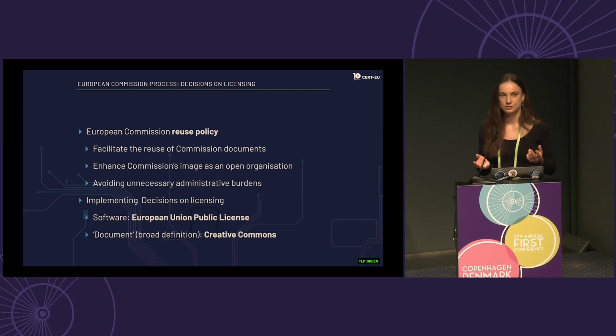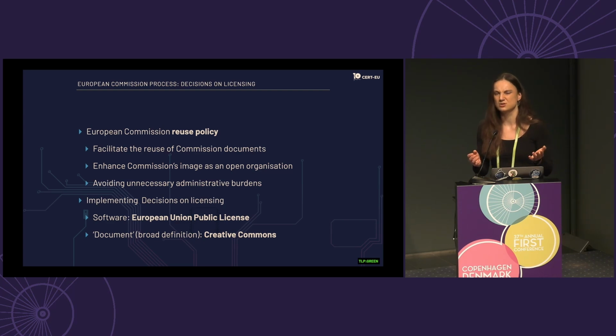And then there have been 2 separate specific decisions on the implementation of this policy. So there's a distinction between software, for which the Commission decided, okay, by default, all software should be published using the European Union public license. So this was created by the European Commission itself. And then for documents, which is a bit of a weird term because it covers way more than just documents.